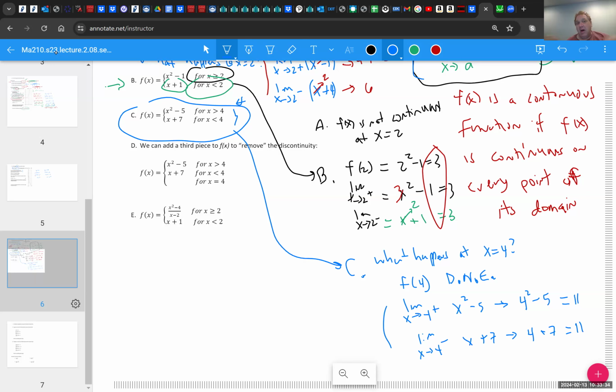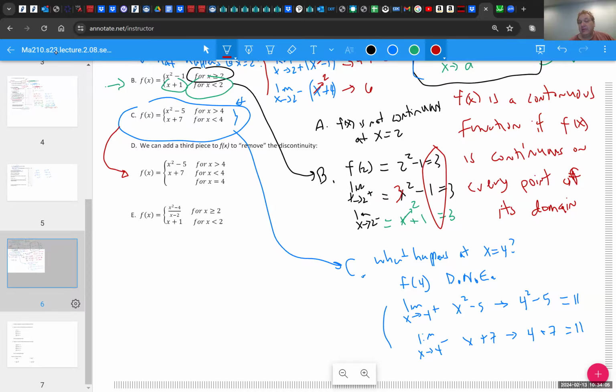Well, could we modify this function so that it would be continuous? Can we remove the discontinuity at x equals 4? So you'll look perhaps from C to D. D has the same two branches, x squared minus 5 for x greater than 4, x plus 7 for x less than 4. And what would we do when x actually equals exactly 4? Remember, we want this to be continuous.